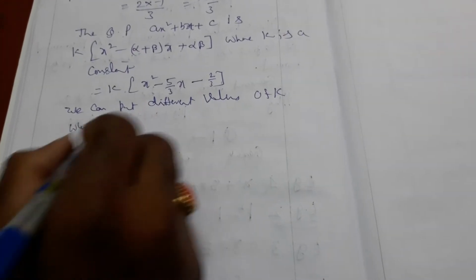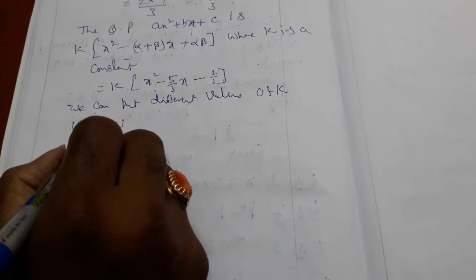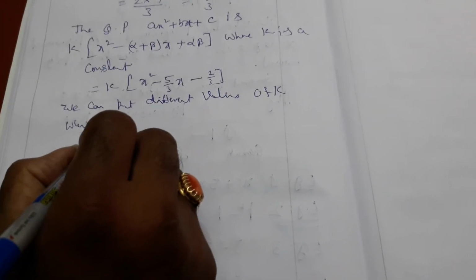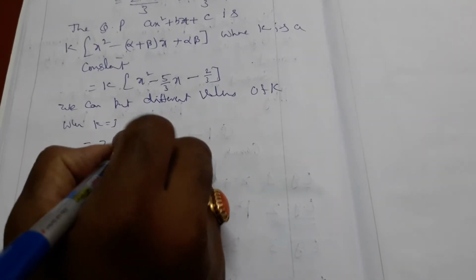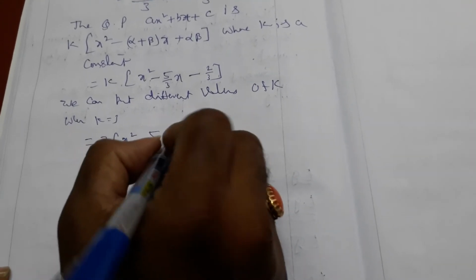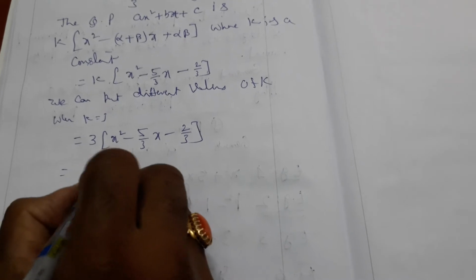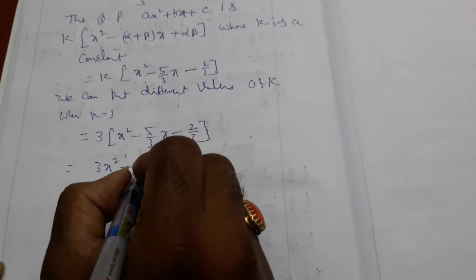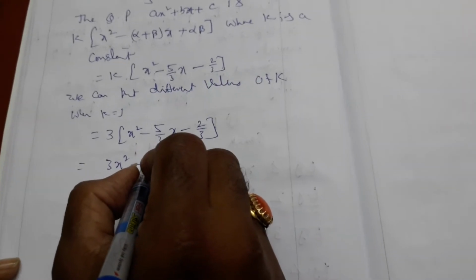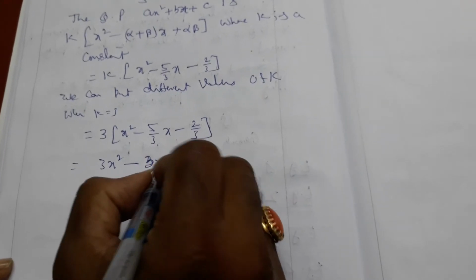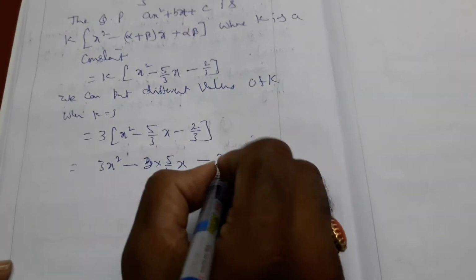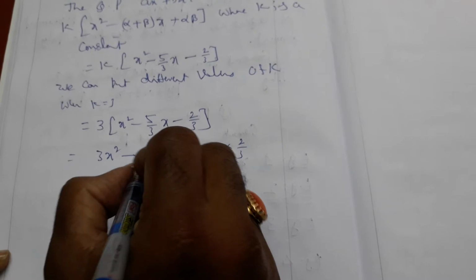Now we can put different values of k. When k is equal to 3, we get the quadratic polynomial 3 into x square minus 5 by 3 x minus 2 by 3, that equals 3x square minus 3 into 5 by 3 x minus 3 into 2 by 3 after substitution.